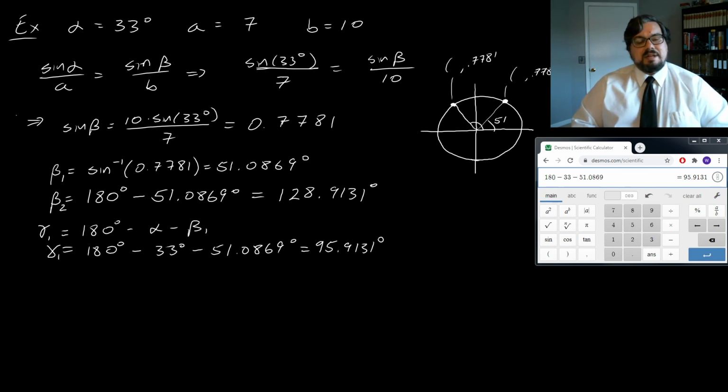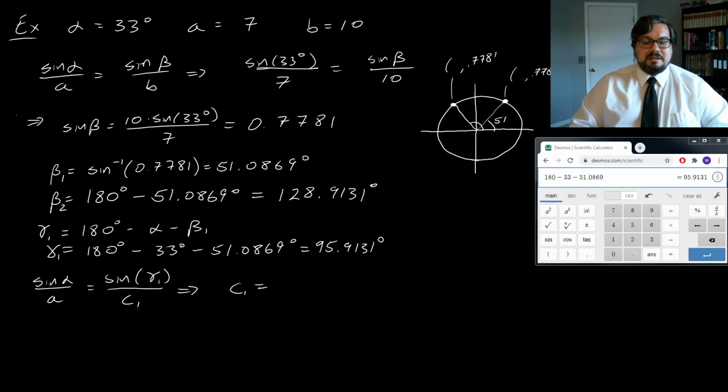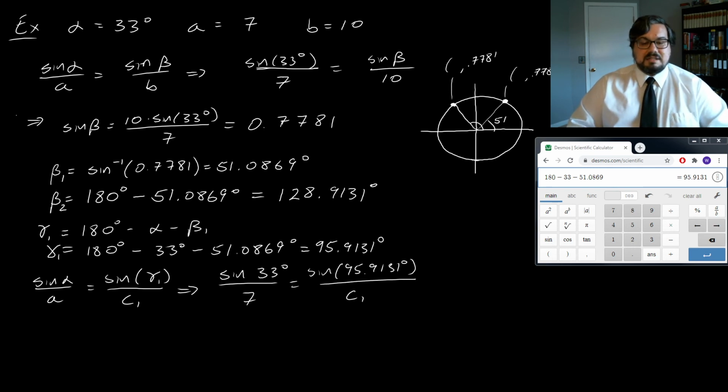And so now we can figure out what C1 is. We can use that sine of alpha over A is equal to sine of gamma 1 over C1. Let's replace each of these with the known quantities. Sine 33 degrees over 7 equals sine of 95.9131 degrees over C1.